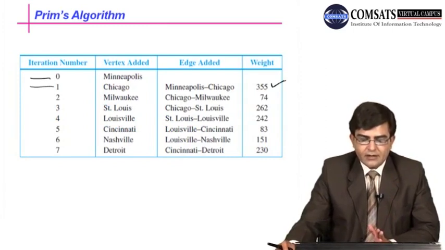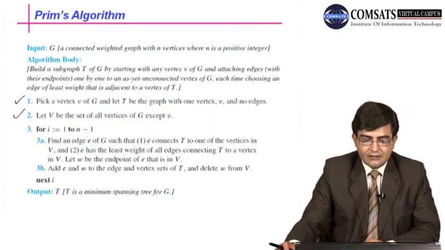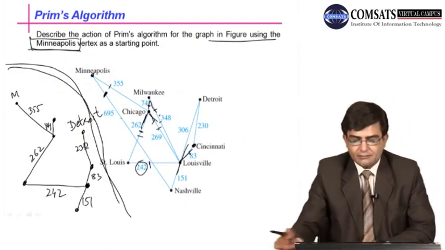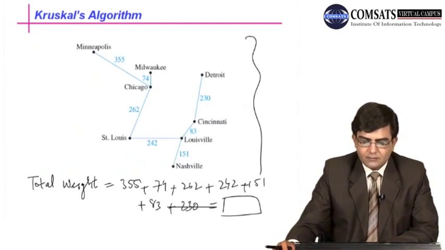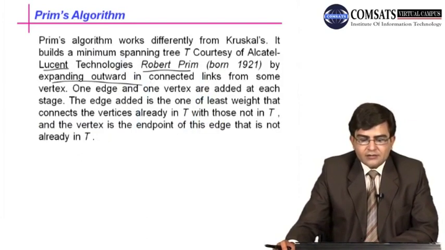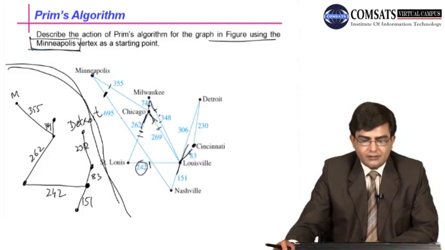So the solution with Prim's algorithm is this one, and this is basically the minimum spanning tree, which is the same as obtained in Kruskal's algorithm, which has the same weight. So this is how we can find the minimum spanning tree by using these two algorithms.